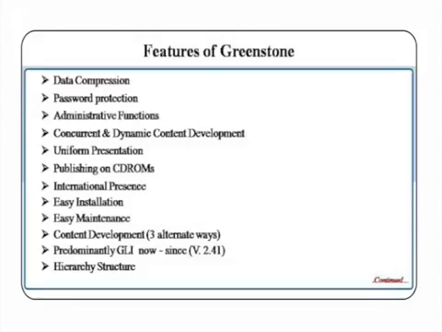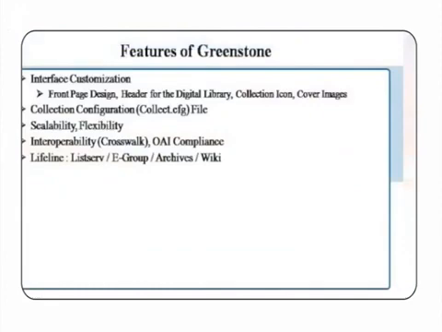Now it is called through GLI since version 2.41, and hierarchy of structure. There is interface customization: the front page design can be changed, and the header of the digital library collection can be changed to suit an appearance which you like for your institute. Every collection can have an icon and a cover image.